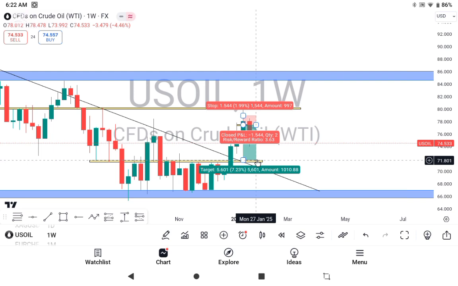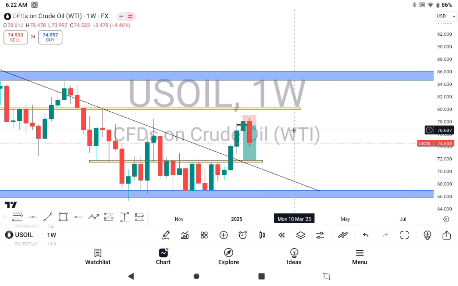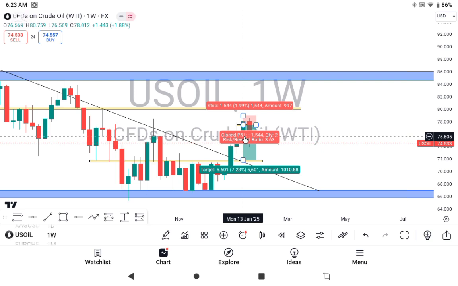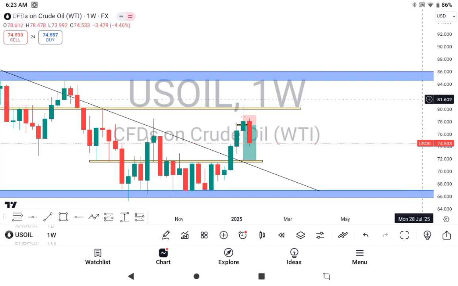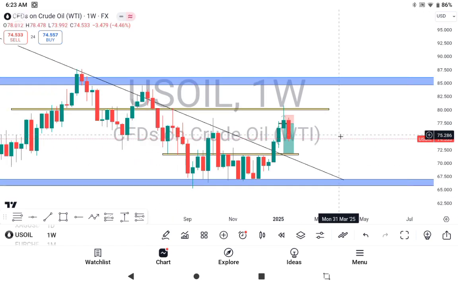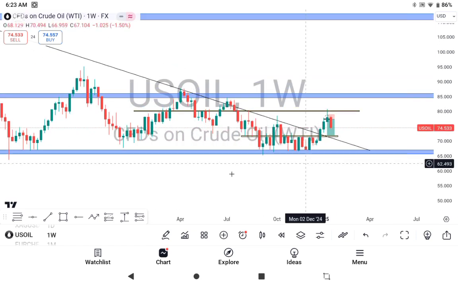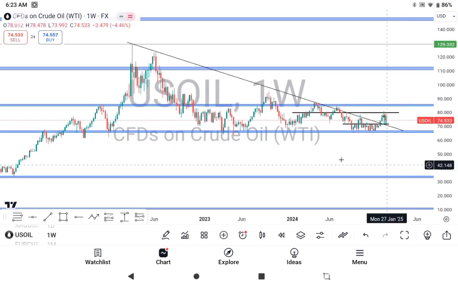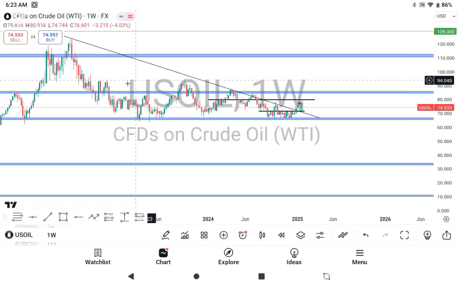So let's scale down to the daily time frame to see in detail what is happening right here, and then we can jump in for the buy. Remember, this is a retracement from the higher time frame on the weekly.